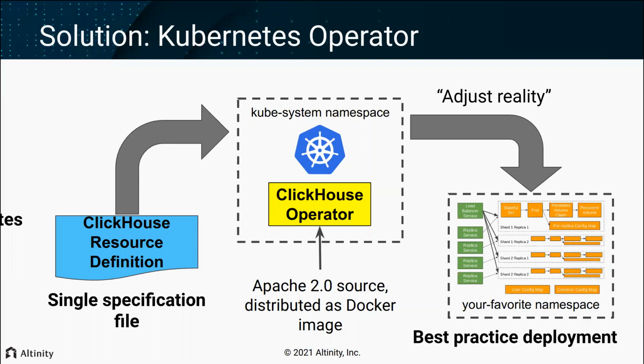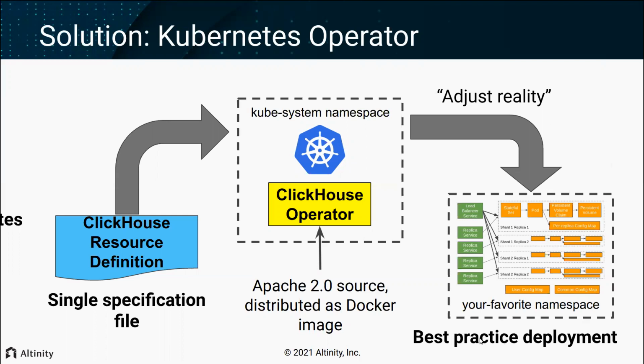What it does is it will consume a resource definition for ClickHouse that's just a single file, relatively simple. When it comes in, Kubernetes will send it to the ClickHouse operator, which will look at it and then go through this process again of adjusting reality, of defining the underlying Kubernetes resources that are necessary to create the cluster.